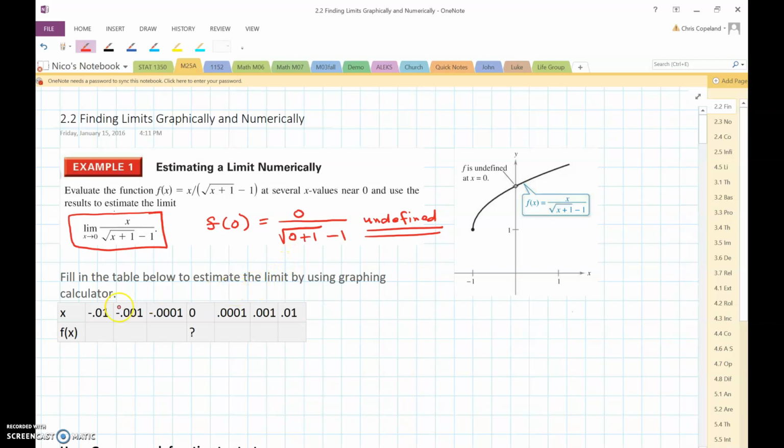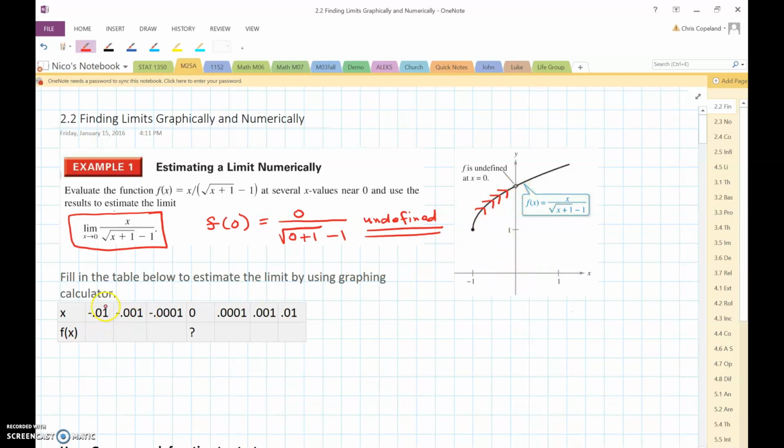How we're going to do that is pick x values coming from the left that get closer and closer to 0 but never quite get to 0. You want to pick numbers that are relatively close to 0.